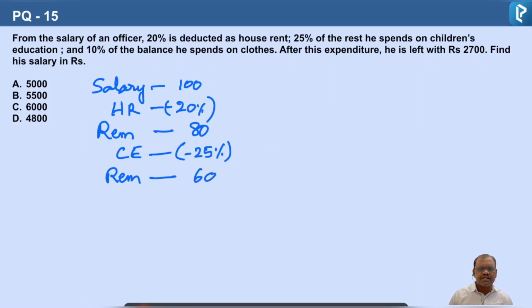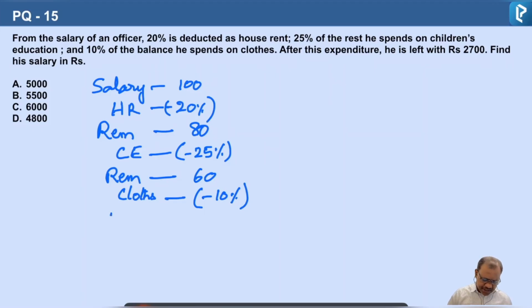Now from this, he spends 10% of the balance on clothes. So clothes minus 10%. So what is the 10% of 60? 6 is the 10% of 60.